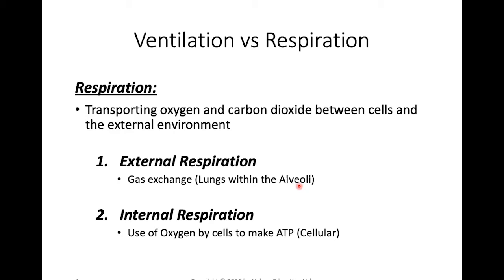Ultimately, the oxygen in that air is going to be capable of diffusing into the capillaries that surround these structures. The movement of oxygen from within our lungs into our bloodstream, that is external respiration. And internal respiration is the process by which oxygen is capable of moving into our body's cells.